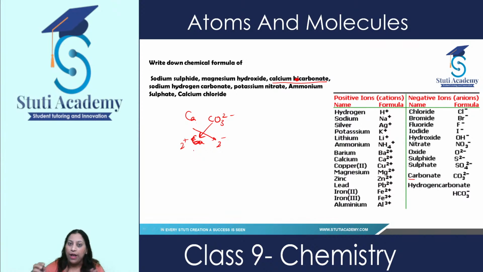So after crisscrossing, one more rule is there. When the numbers are the same, we divide by the common number. If we have 2 and 2 here, we can easily cut 2 with 2. Then simply we can write CaCO3. Understood? Again, look at this example. Ca, it's carbonate, not bicarbonate.